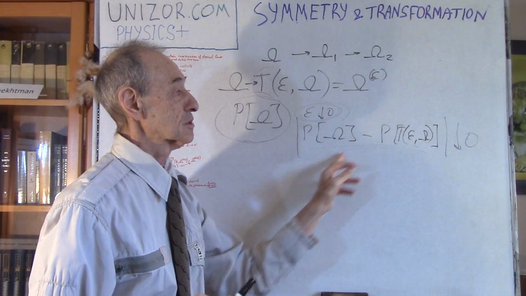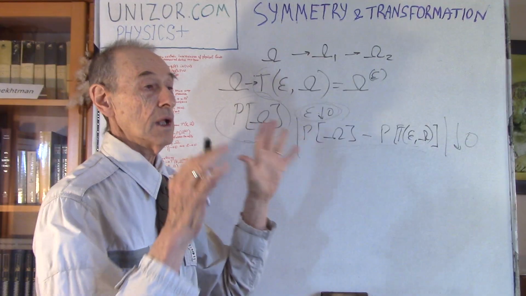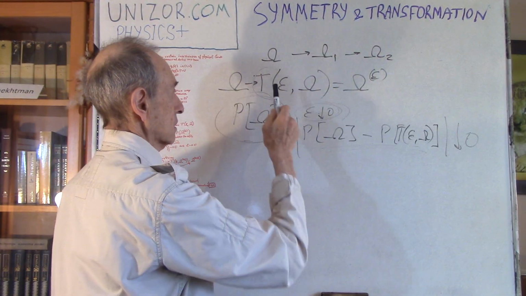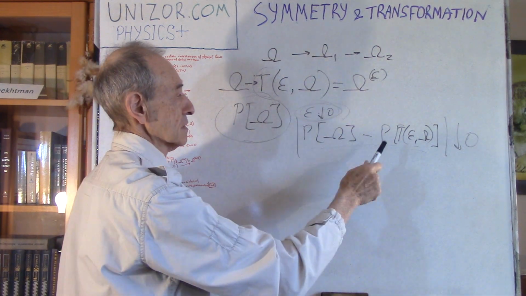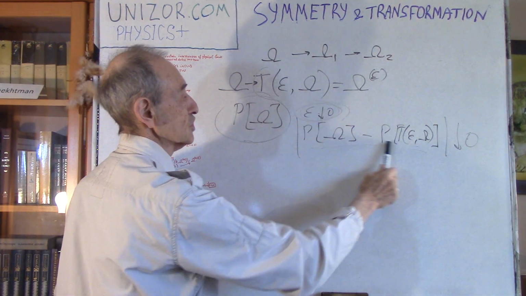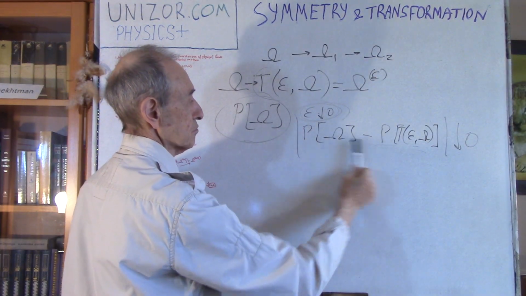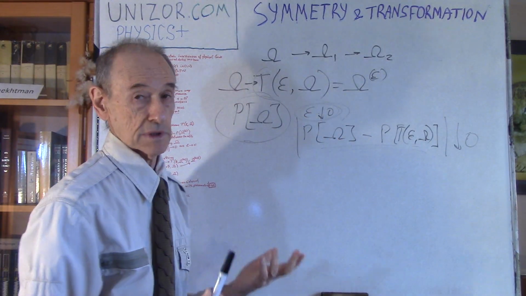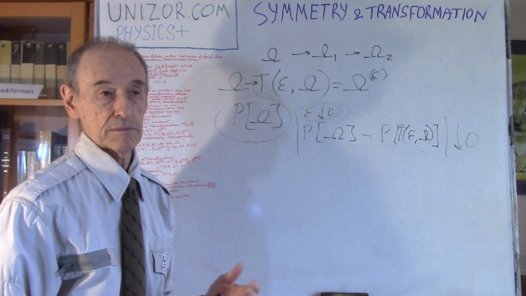But that must be true for any object in the whole class. So if we have this property that transformation of any object within the class has the property of changing a certain property P infinitesimally if epsilon is infinitesimal, then we're talking about continuous transformation.